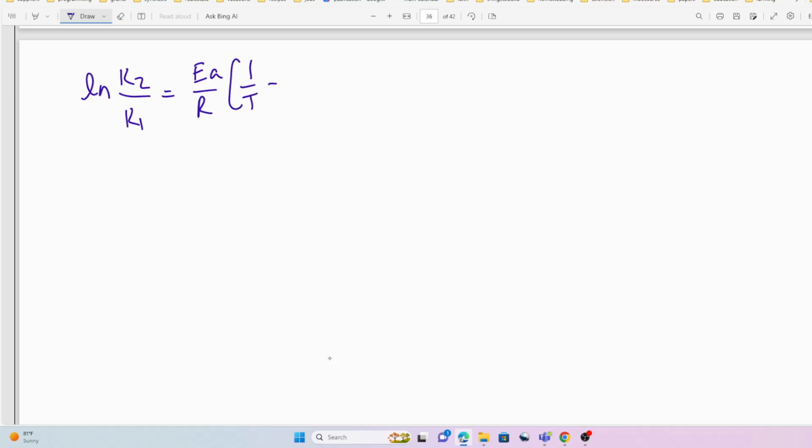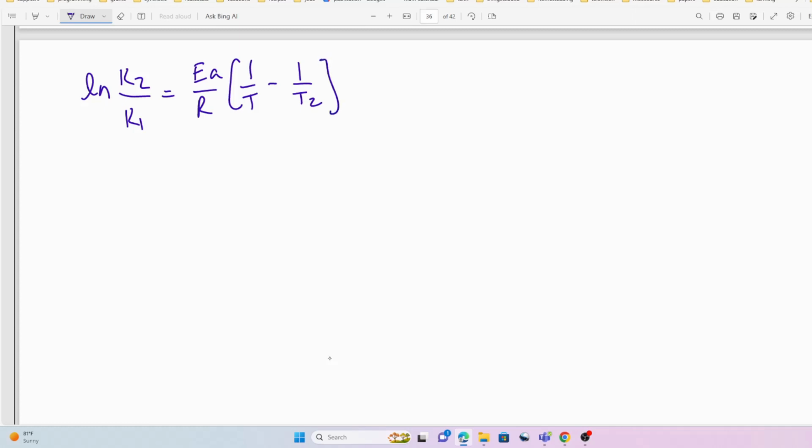So here we can write that the ln of K2 over K1, this again is the two-point form of the Arrhenius equation, is equal to EA over R in energy units times 1 over T1 minus 1 over T2.